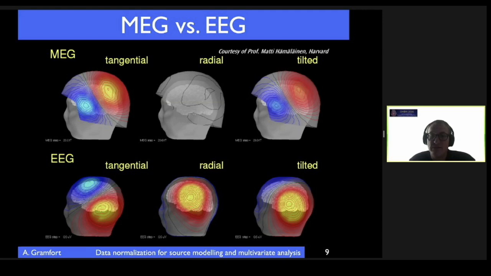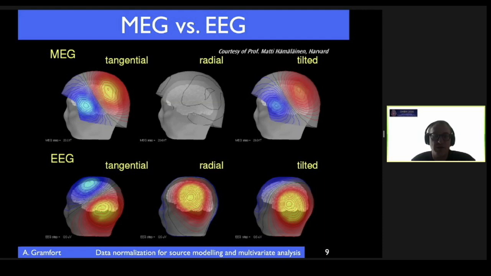When you see red, it means that you have a positive field, so a positive magnetic field, or at the bottom, a positive potential with respect to a reference. What I would like to explain to you on this slide is not really the physics of MEG and EEG source imaging, although it's quite interesting.